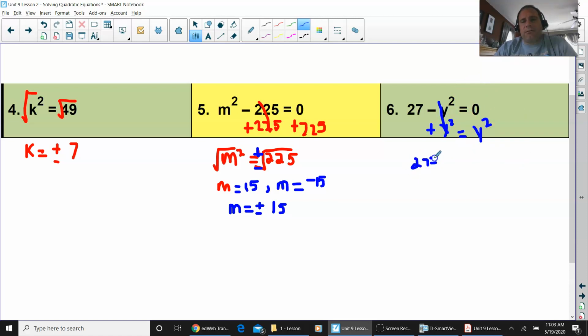Now you're ready to go and square root both sides. Once you square root both sides, remember it becomes y equals, and the square root of 27 is not a perfect square, so I'm just going to leave it square root of 27.